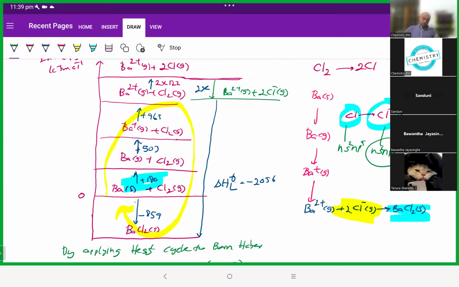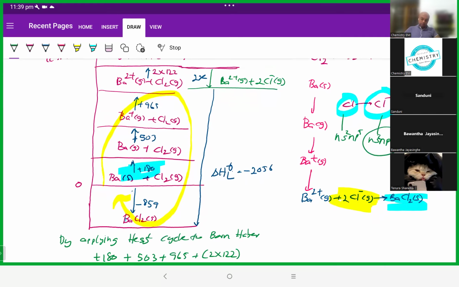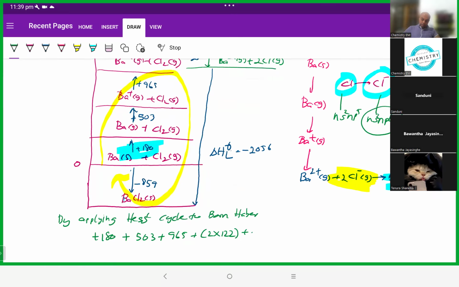Then I'm going down. 2x is in the same direction that I'm going, so plus 2x. Plus, because it is in the same direction that we are moving, but the negative is coming from the value itself, right?